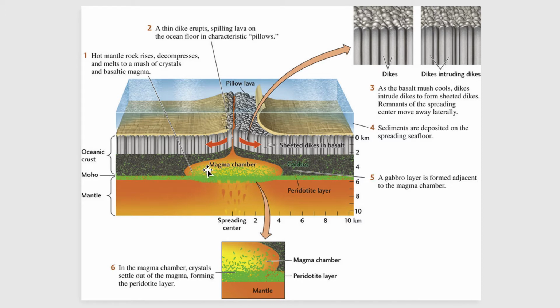You can think of these green crystals as olivine that is crystallizing. Since you have a spreading center, these subdivisions are extended laterally with progressive cooling of the magma chamber. You start to develop the gabbro, and then the gabbro will move away together with this initial layer of peridotite.